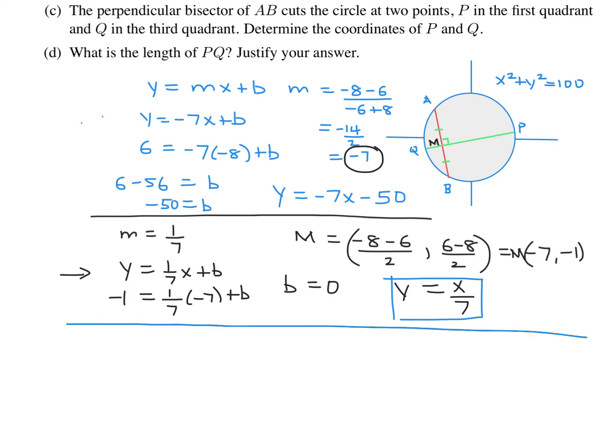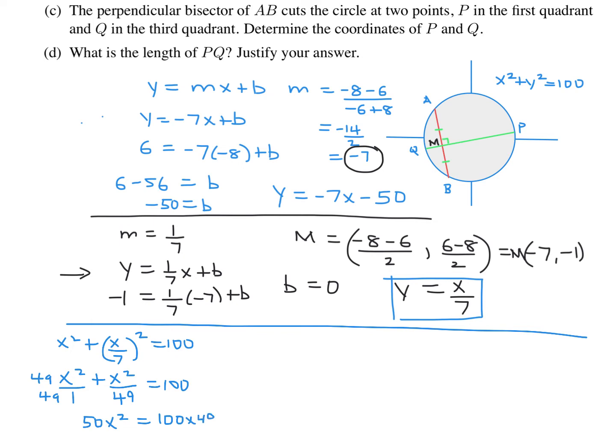Okay, so here we go. So y is equal to x over 7, so let's plug that in. We got x squared plus y squared, but y is x over 7 squared is equal to 100. So this is x squared plus x squared over 49 is equal to 100. Get a common denominator, top and bottom by 49. So this is 50x squared is equal to 100 times 49 when you cross multiply.